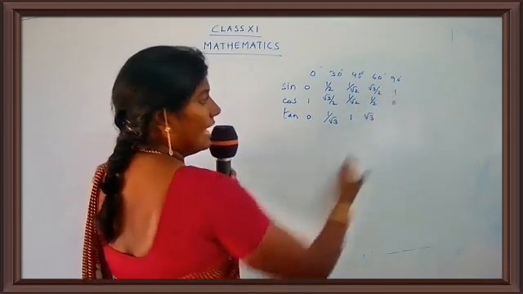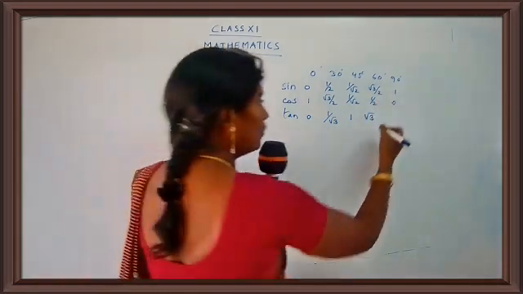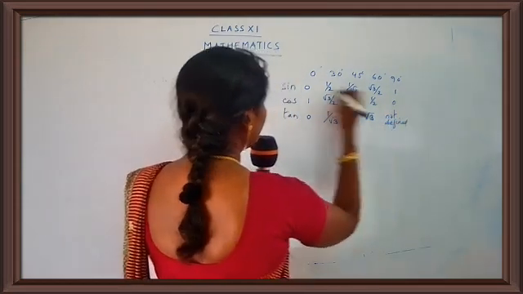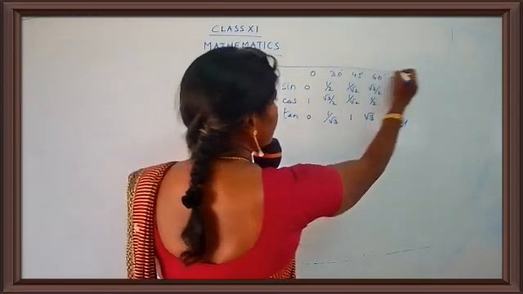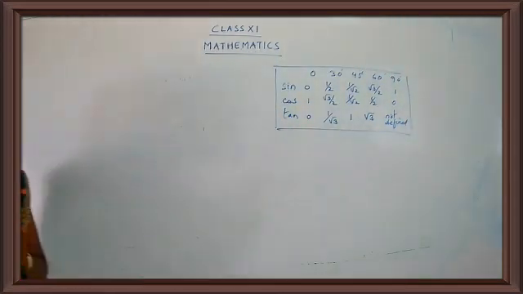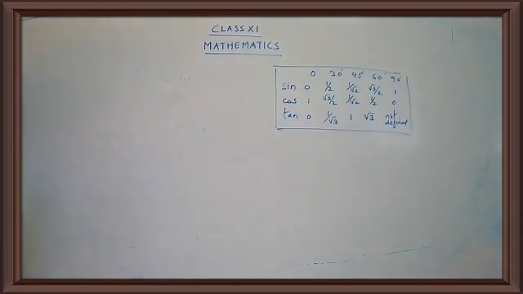Root 3. And 1 upon 0 is not defined. You don't have any value for 1 upon 0. So put here not defined. Okay, already I have explained this to you. But anyway, we need these values. We have to know all the values. Okay, children, have you taken down the tables?